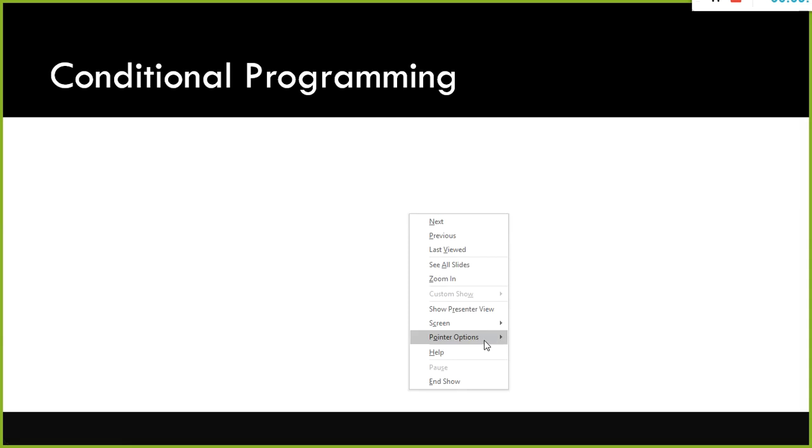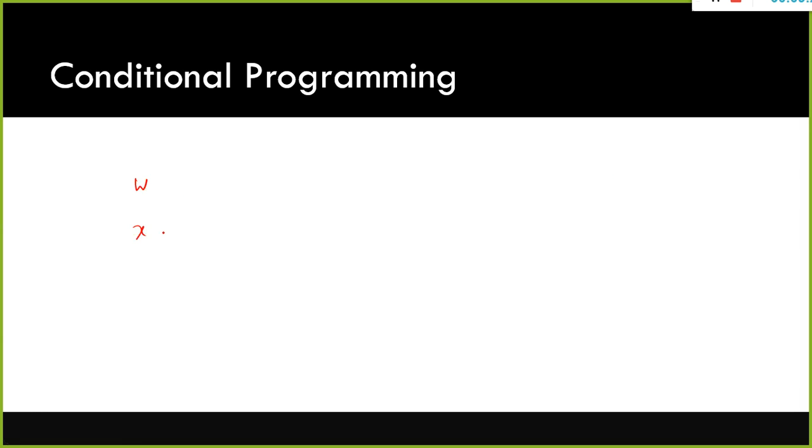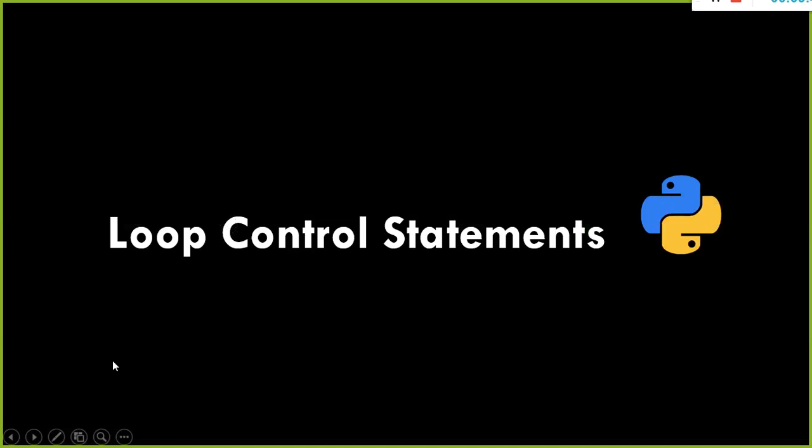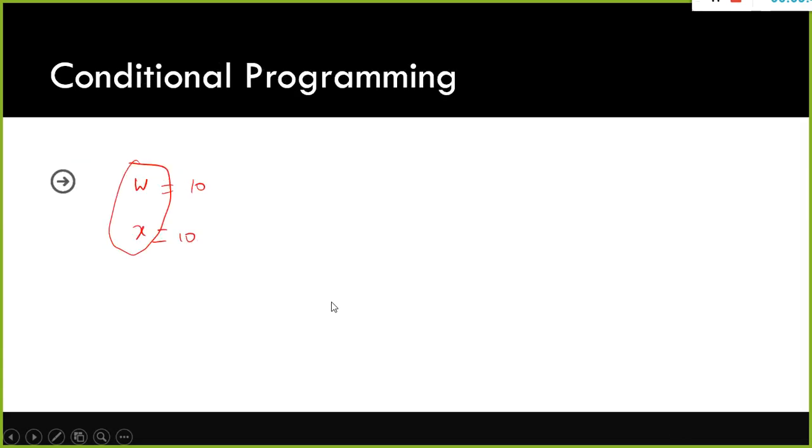See, in the memory, let's say I have a variable w and a variable x. I have assigned the value 10 to x and the value 10 to w also. Since these two variables are storing the same values, what is memory in a laptop or any computer?